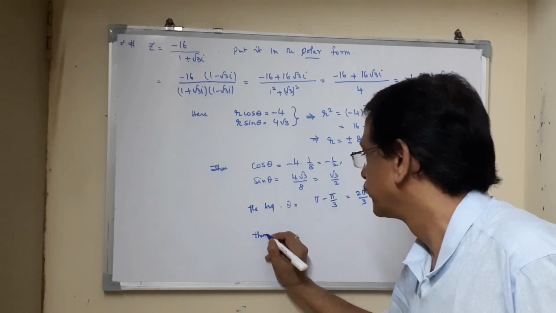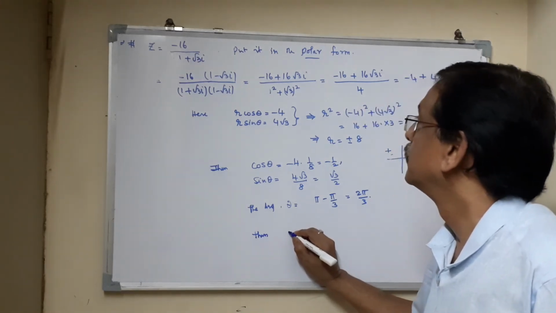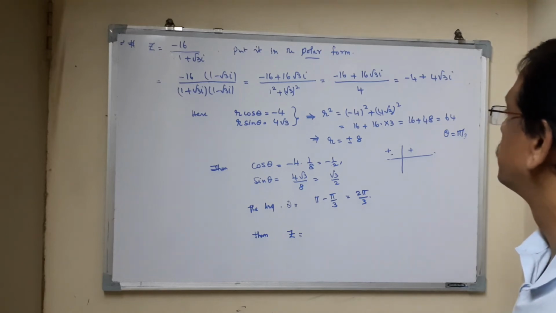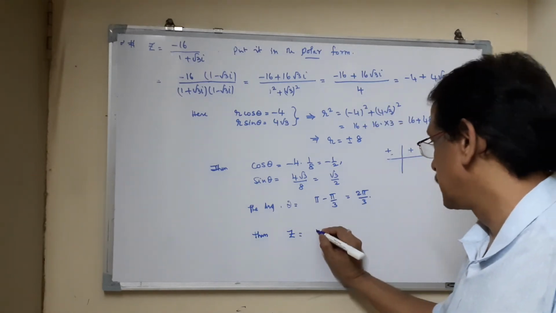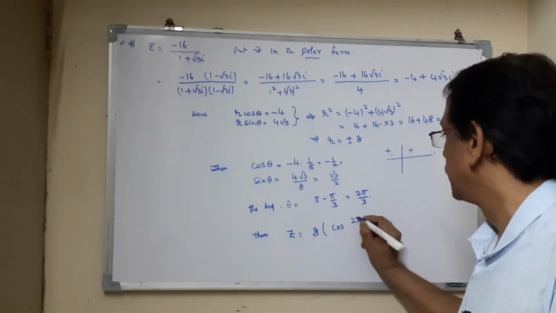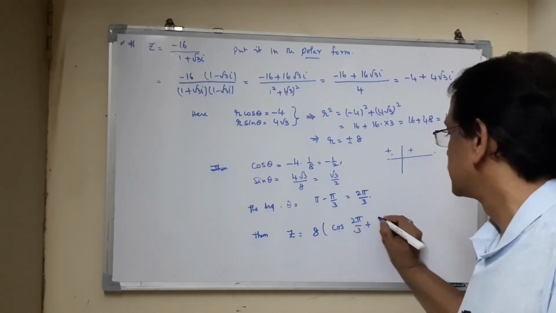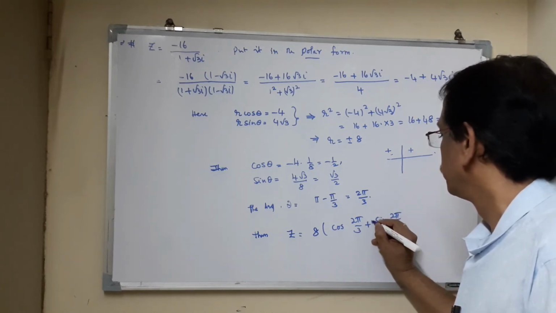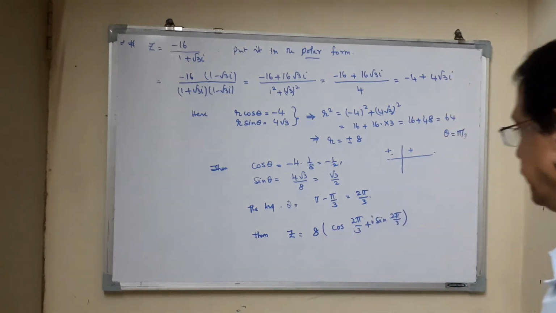Thus z is equal to, the complex number can be represented in the polar form as, what is r? 8 into cos 2 pi by 3 plus i sin 2 pi by 3.